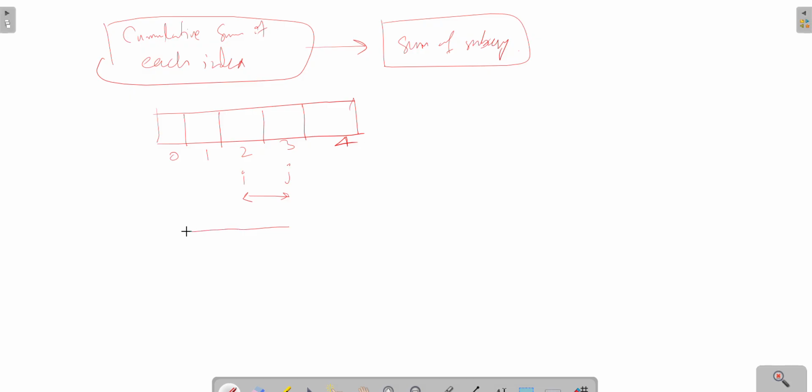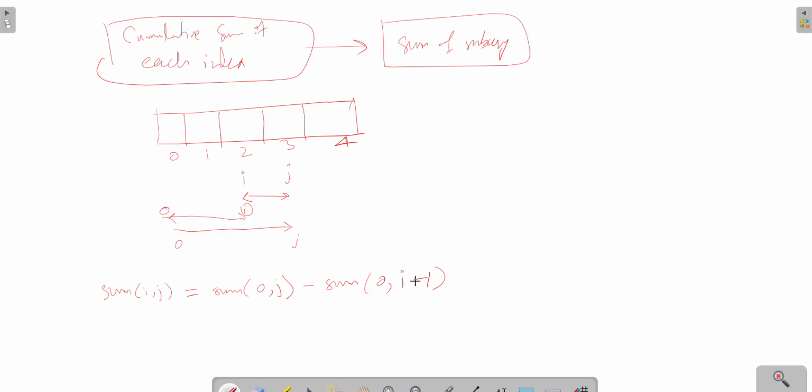So the solution that is often presented is this: this is J, and then this is I. Now if you want to get ij, you can get the sum of ij by subtracting the sum of 0 I minus 1 from the sum of 0j.